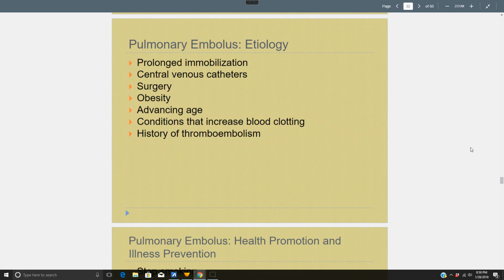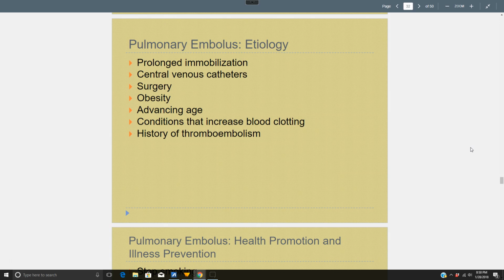People that have central venous catheters in too long, sometimes those can break off and cause pulmonary emboli. Any type of surgical procedures, we used to see that a lot with our patients who had coronary bypasses, or even, as I talked about, the laryngectomy and the radical neck surgery for somebody with cancer of the larynx. Those people would be at very high risk for developing pulmonary emboli. Obesity, advancing age, conditions that increase blood clotting, or a history of thromboembolism, okay?